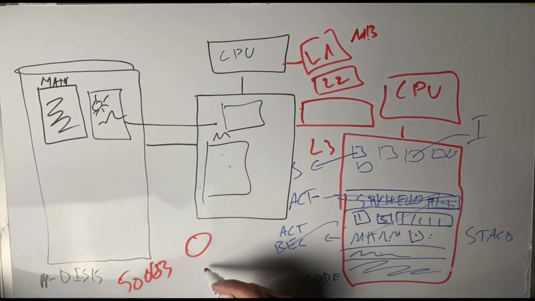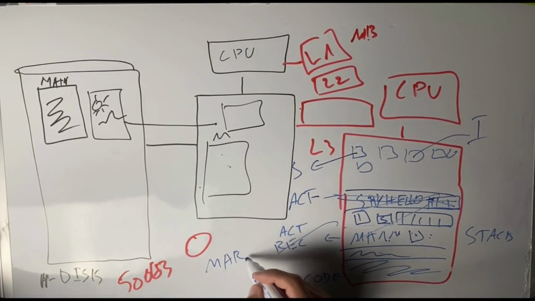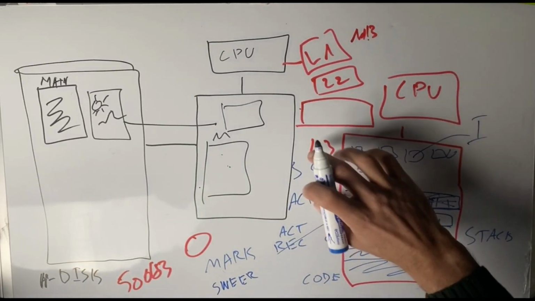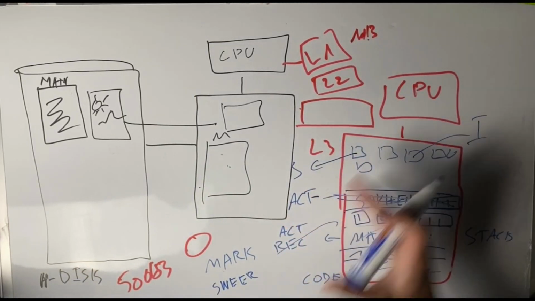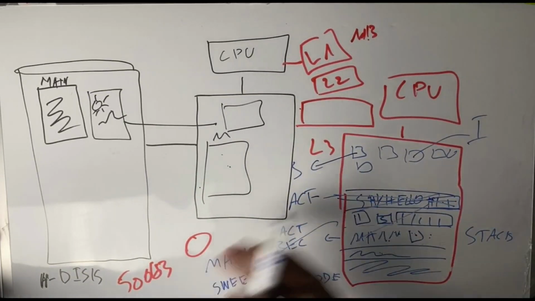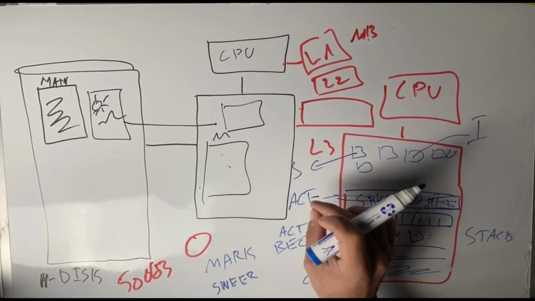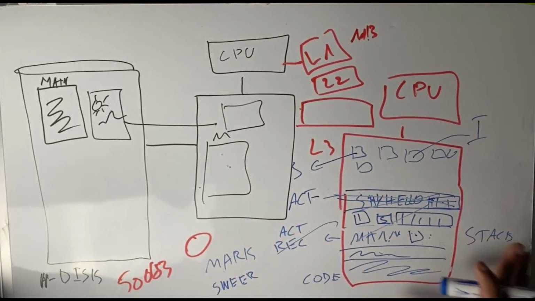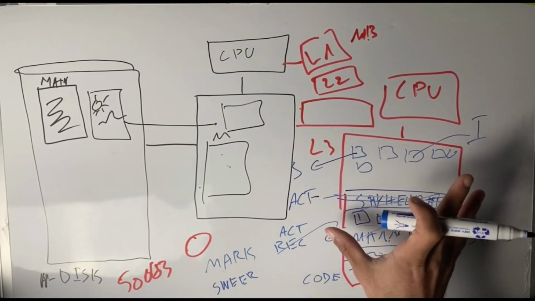How that's done is what's known as the mark and sweep algorithm. It will go through all this space, see what we are using, figure out what we are not using, and just delete those. This happens in a fraction of a second or whatever, and we will talk about this in different videos. But this is how it happens.